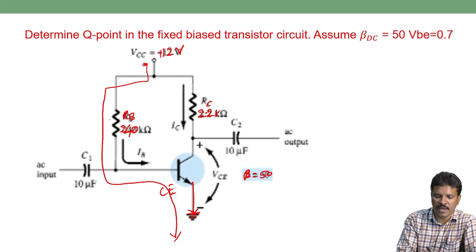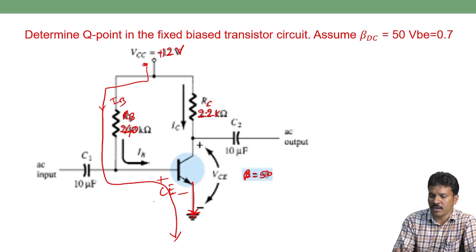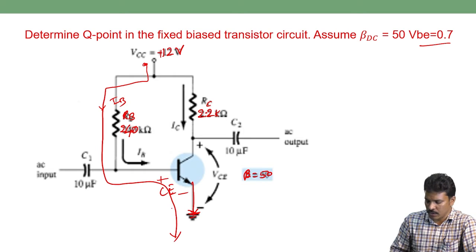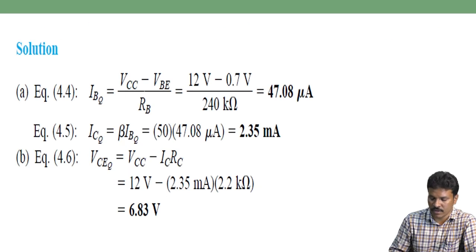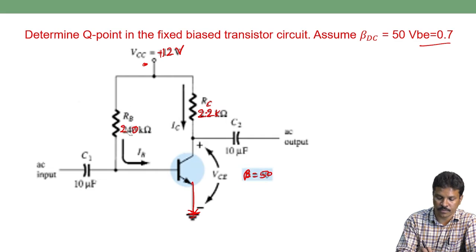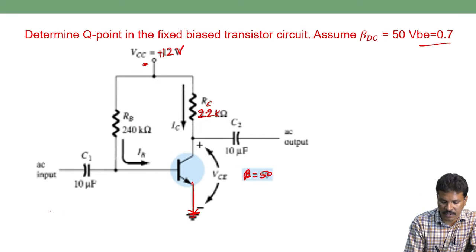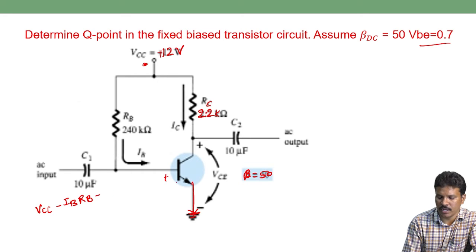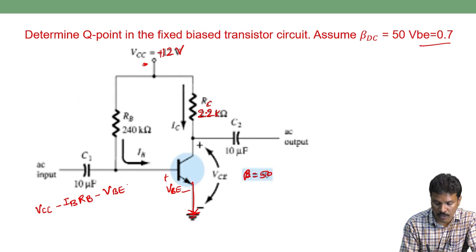VCC, IBRB, VBE given 0.7 and no RE resistor, that is equal to 0. When we write down the equation for this loop, then VCC minus IBRB minus VBE is equal to 0.